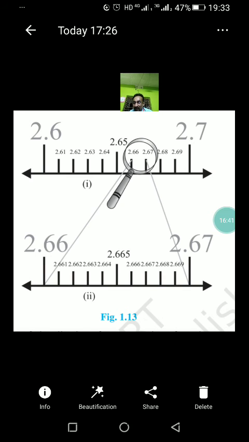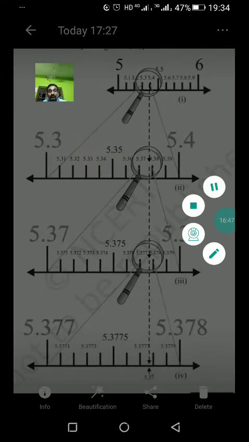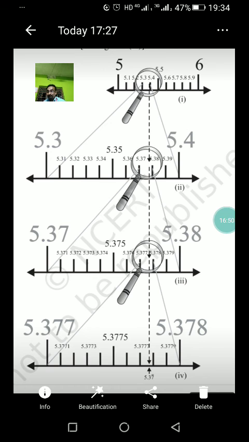Now we represent 5.377 on the number line up to 5 decimal places. Once again, we proceed by successive magnification and successively decrease the length of the portion of the number line in which 5.377 is located.